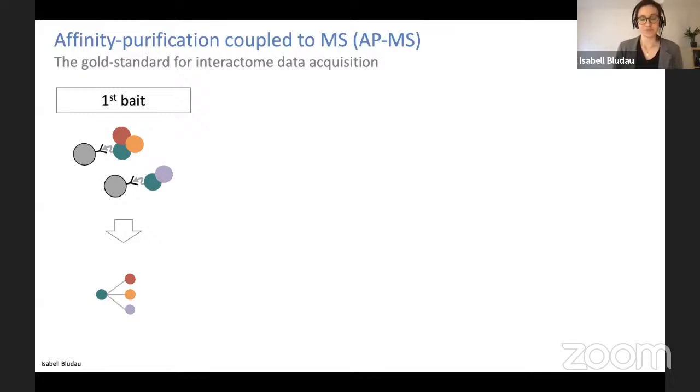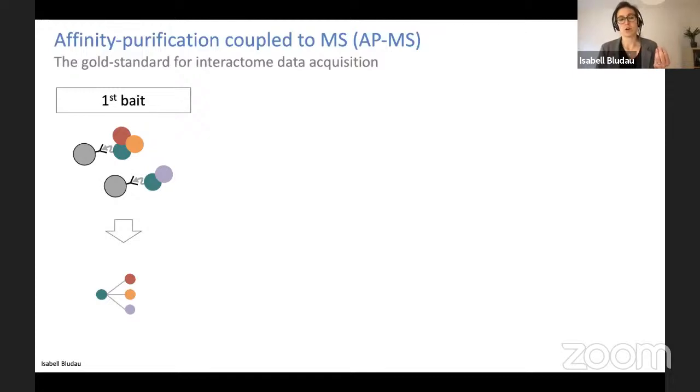And what you do in AP-MS is you select a specific bait protein and then you fuse an affinity tag to the protein. And then you can lyse the cell under mild conditions to keep protein complexes intact, and then pull down the bait by the affinity tag.